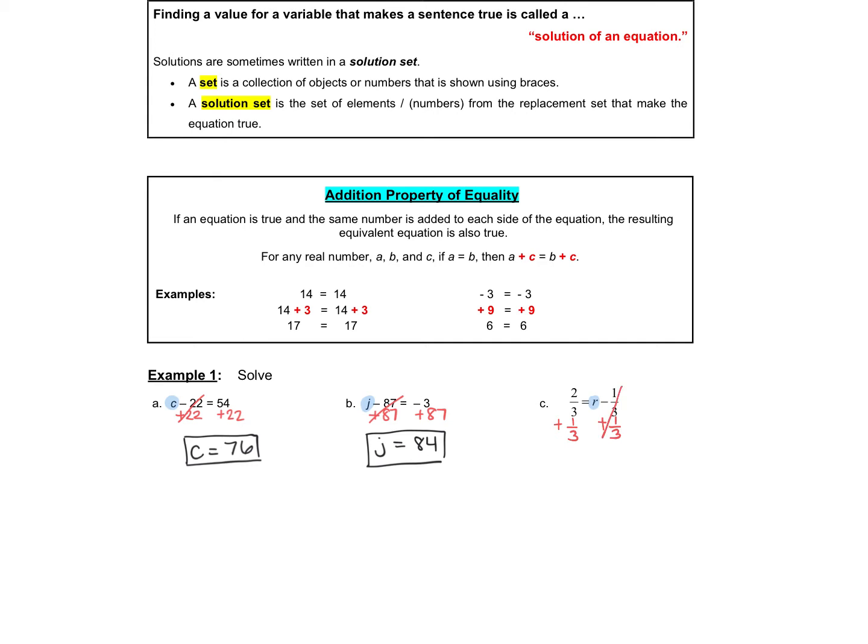These are inverses, so they cancel each other out, and I have 2/3 plus 1/3. Remember, when we're adding fractions, the denominator must be the same, and in this case it is, so I'm left with 3/3 equaling R. However, this is not simplified, and we always must simplify a fraction. 3 divided by 3 is 1. Anything over itself is actually just 1.